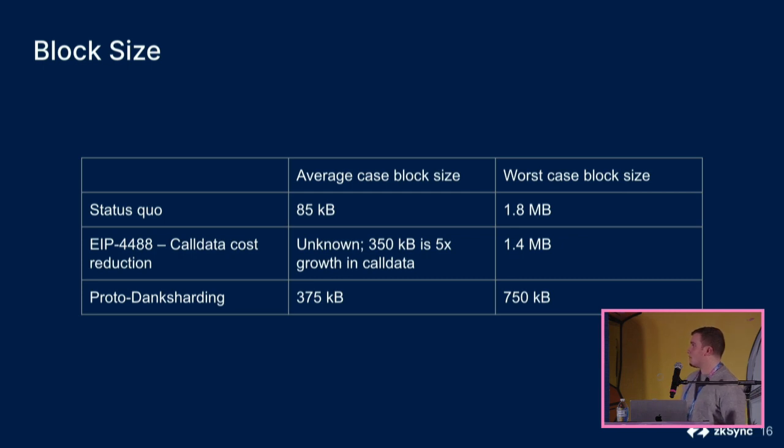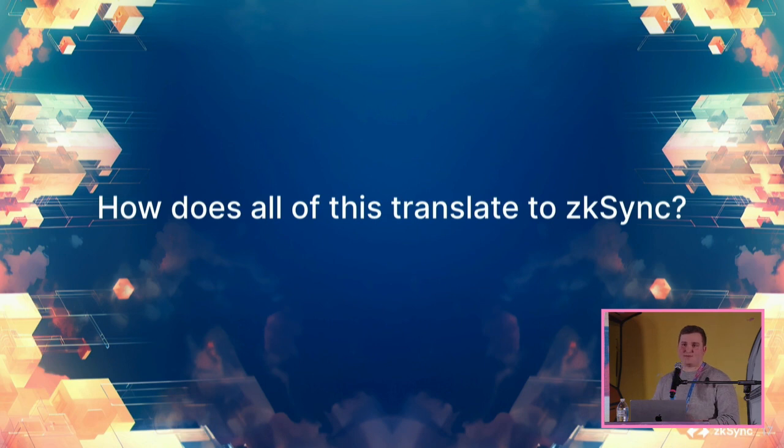And the real reason why proto-dank sharding was introduced wasn't necessarily for the average case, but you can see how in the worst case, the block size is actually significantly less than what we see in the status quo, which is using call data, or versus a different EIP, which was introduced, 4488, again, not to be confused with 4844, which would essentially, rather than introducing this new, cheaper storage, actually reduce the cost that call data would have. So now, the most interesting part, how does this all translate to ZK Sync?